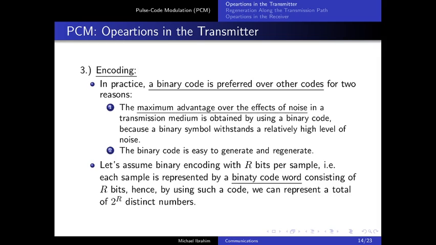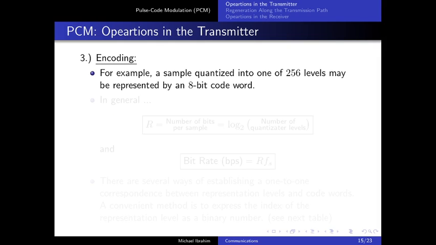So if we are going to represent each sample by R bits, we might have 2 to the power R distinct numbers. For example, if we have 8 bits per sample, this means that the quantizer has 256 levels.